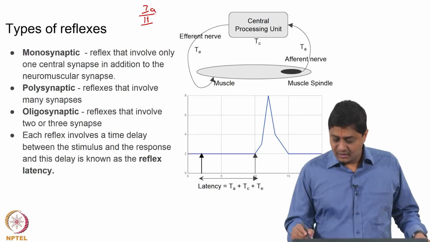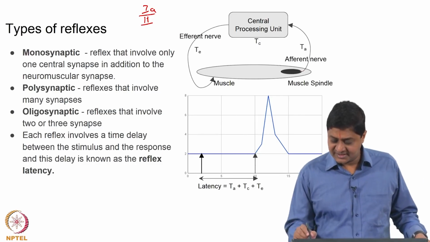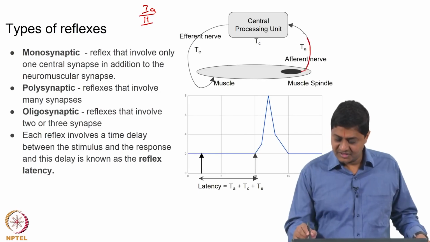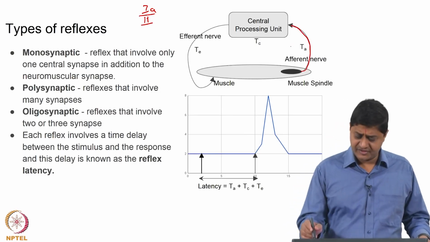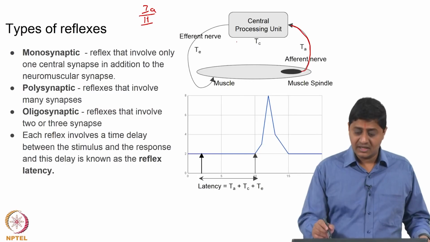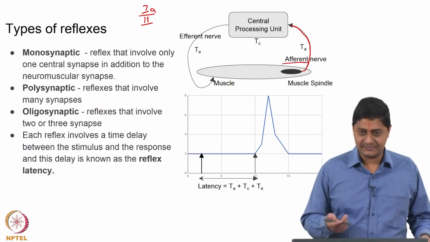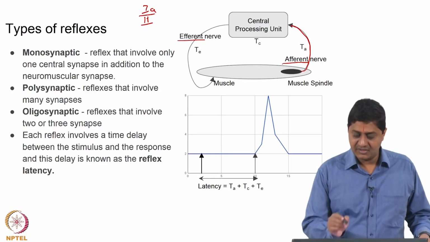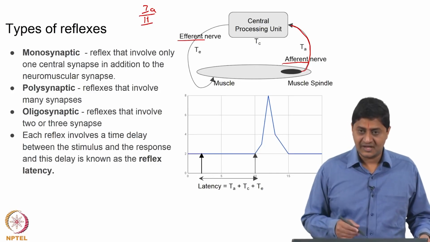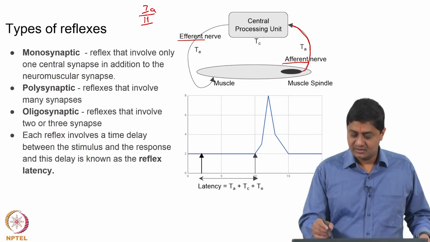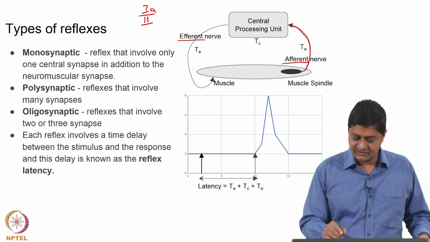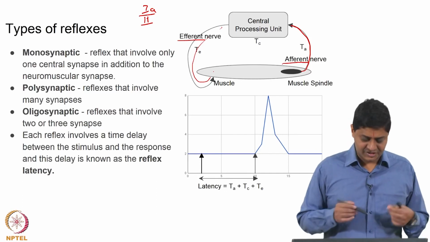So as this muscle is getting stretched, this information goes via 1A or 2 afferents to a central processing unit. Afferent means perception, sensory. Efferent means motor, action, okay. This central processing unit gives command to that muscle or other muscles to perform an action.